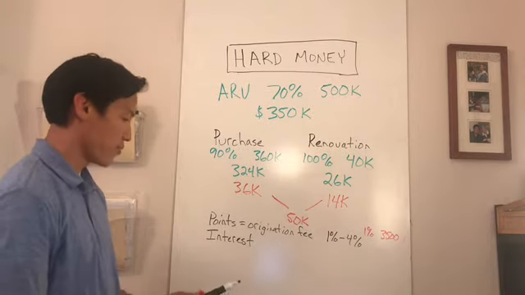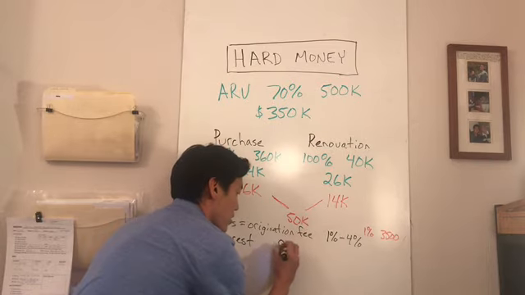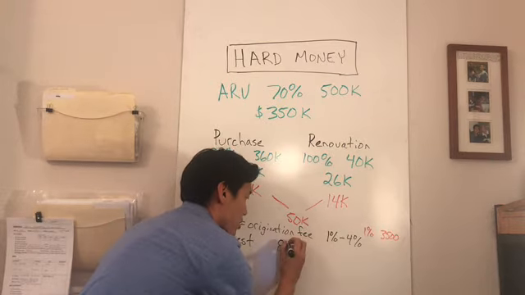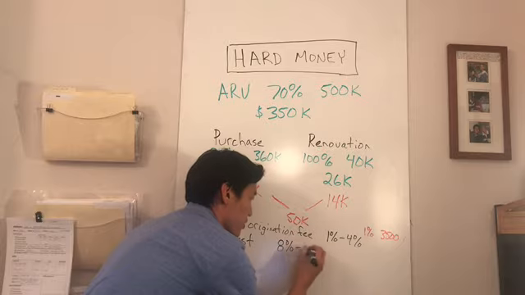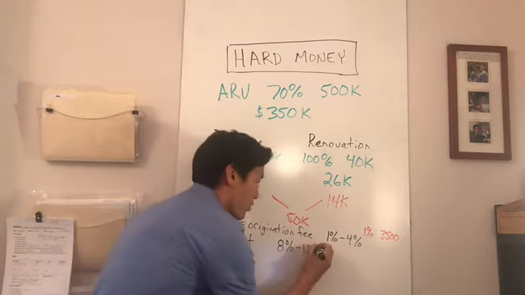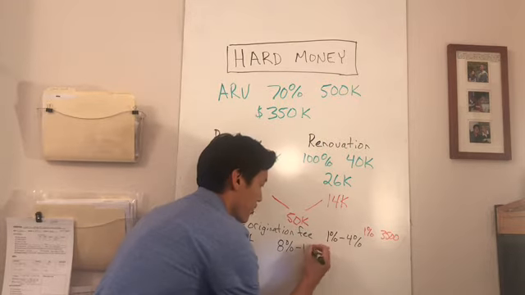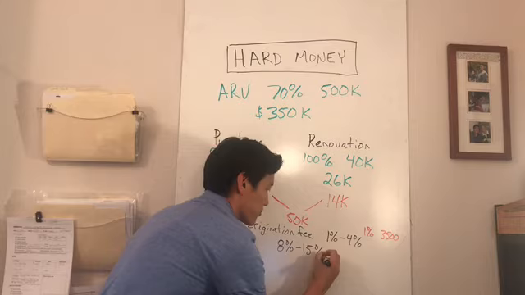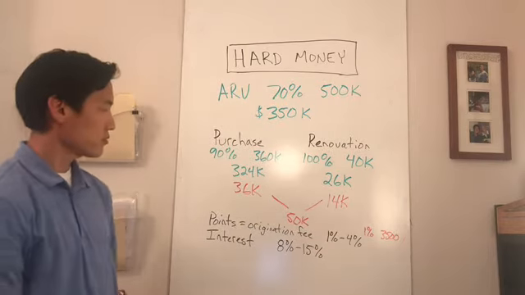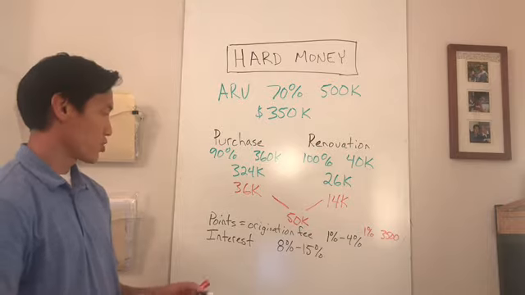So the percentage is based off of the annual. So usually the interest rate, since it is a higher risk loan, we see anywhere from 8 to 15%. For this example, I'm going to use 12%.